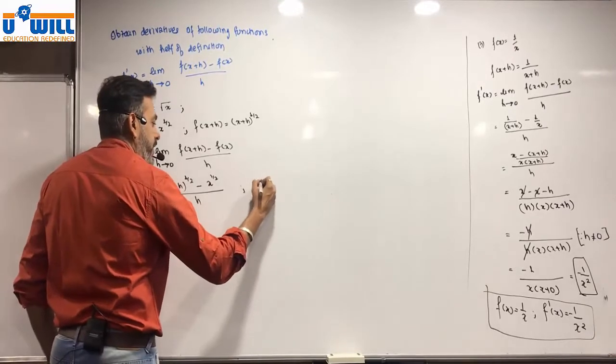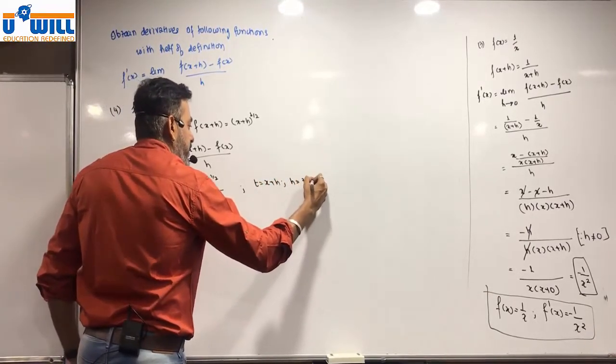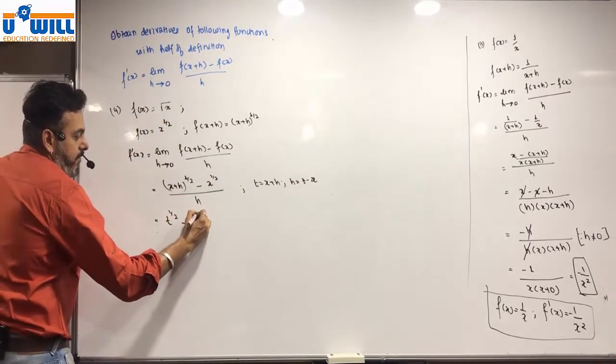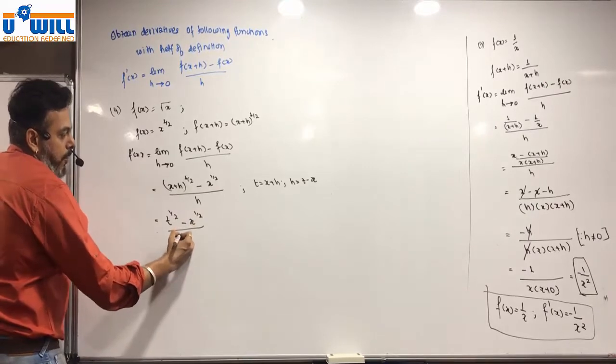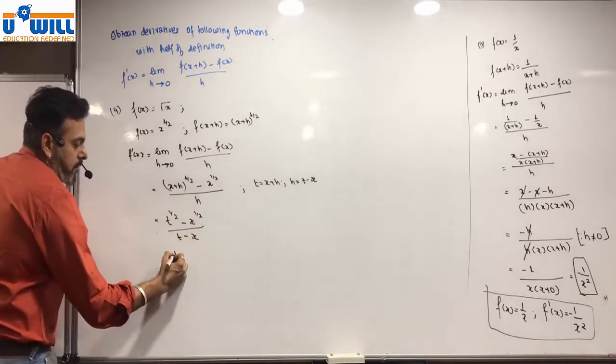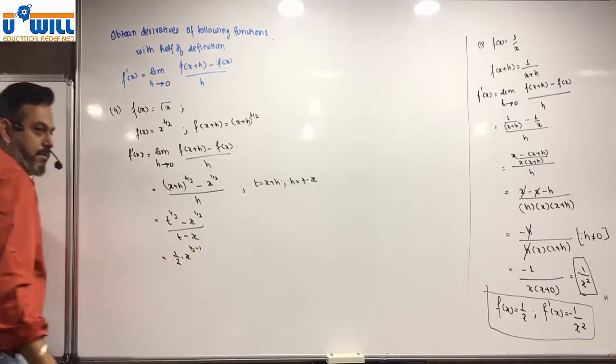So we'll take t is equal to x plus h, therefore h is equal to t minus x. So t raised to 1 by 2 minus x raised to 1 by 2 upon t minus x, which is equal to half into x raised to 1 by 2 minus 1.